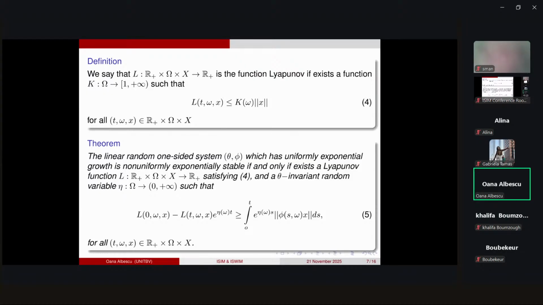The main idea of the theorem is this. A system with uniformly exponential growth is non-uniformly exponentially stable if there exists a Lyapunov function that decreases along the system's trajectory in a controlled way.